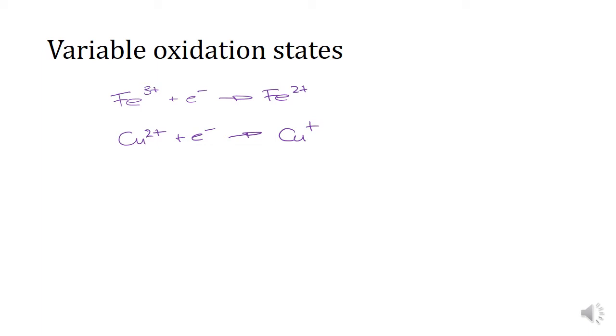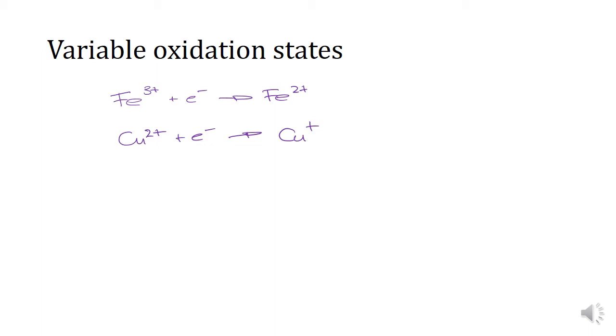Why is that? Because those D subshell electrons are so close together in terms of their energy levels, the ionization energies to move between a 3+ ion and a 2+ ion are super close together, which decreases the amount of energy that you need to give.